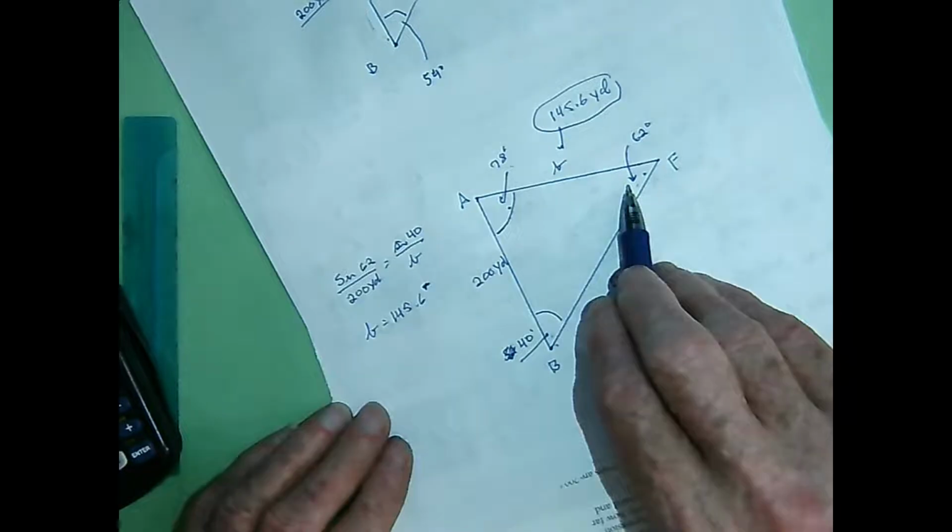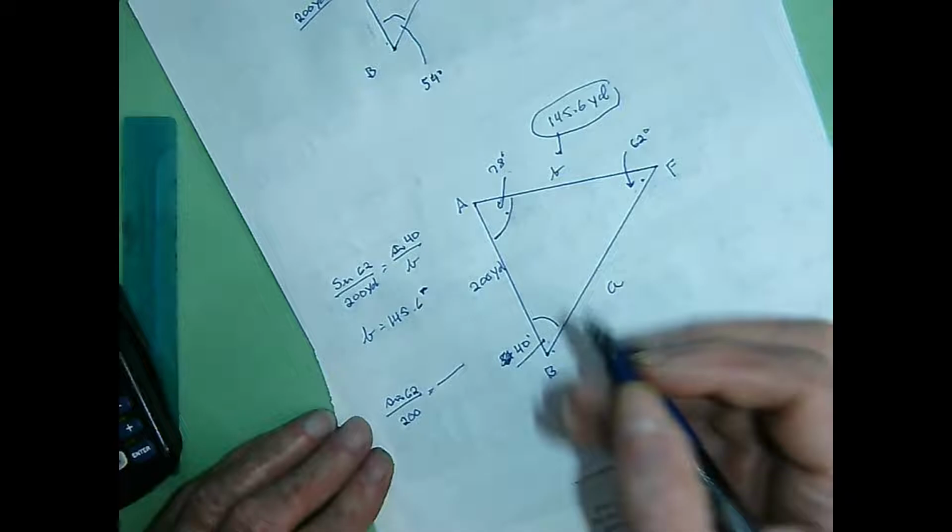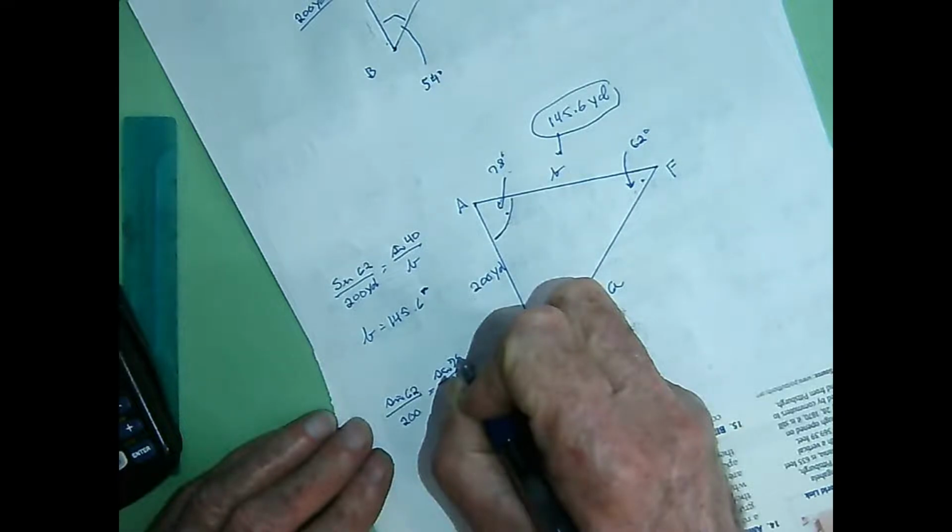I'd go back to the given information, that the sine of 62, given the angles that were given, is to the length of its opposing side, 200. But now we're going to figure out about this side. I'm going to use its opposing angle as the sine of 78 is to the side little a. You look at that proportion with me. Figure what we're going to do to get the side little a out of there.